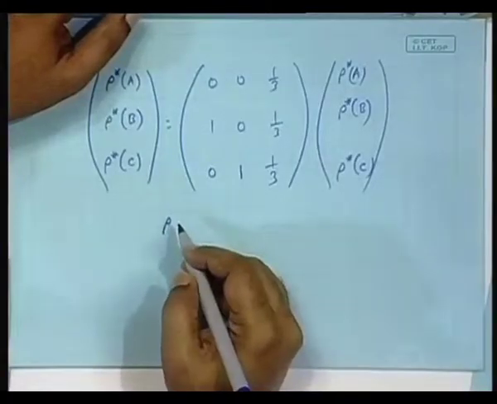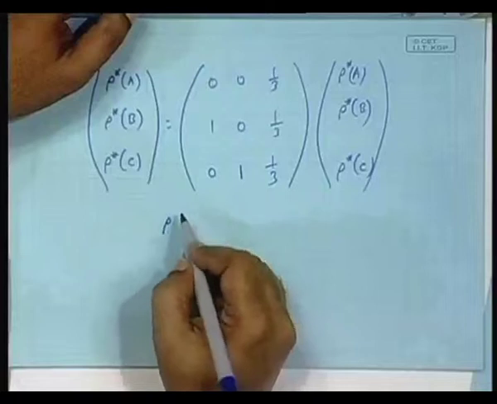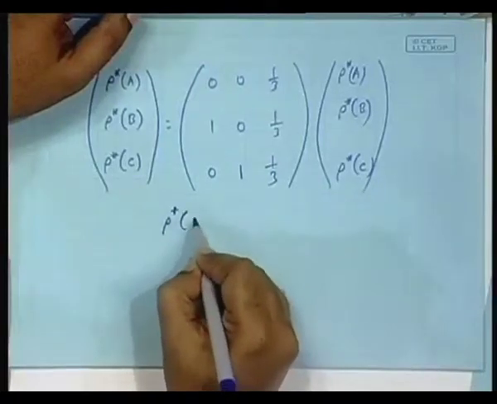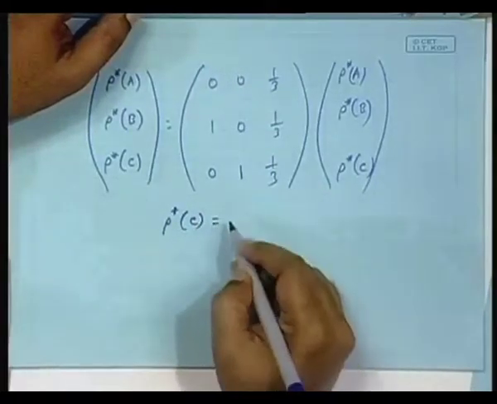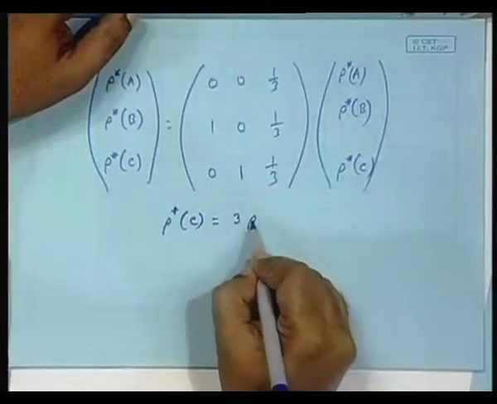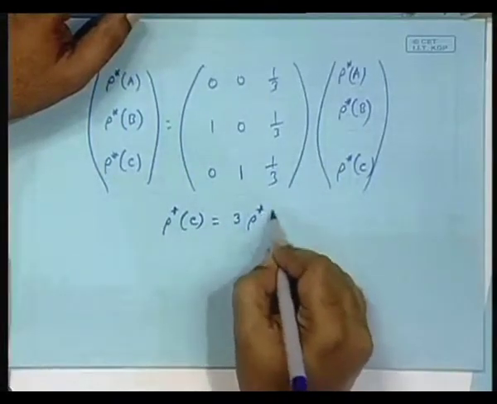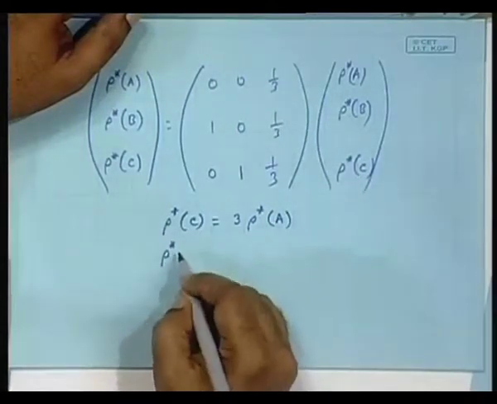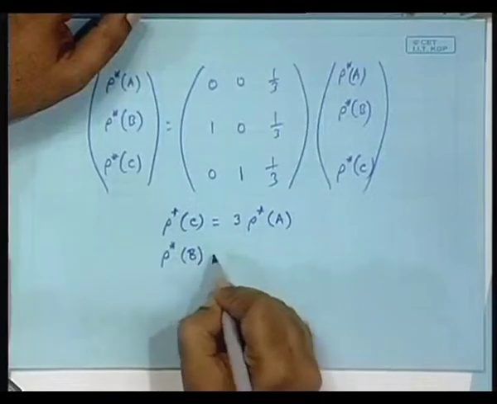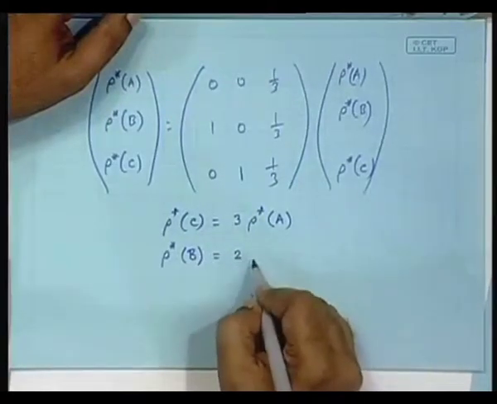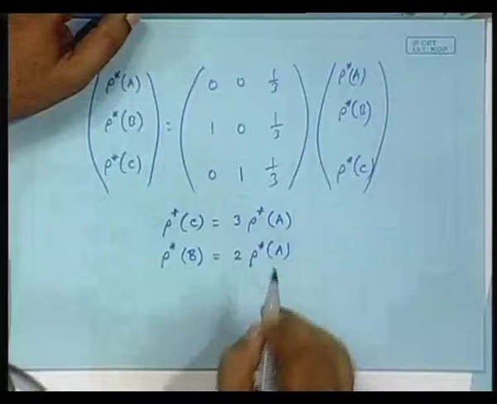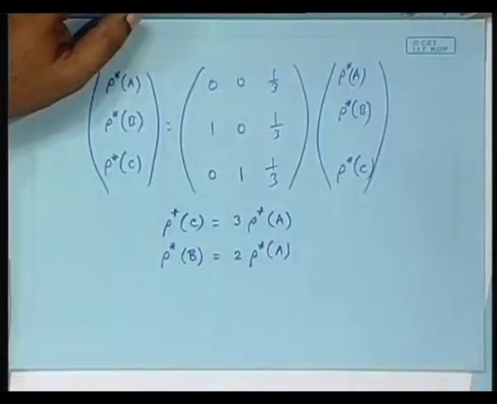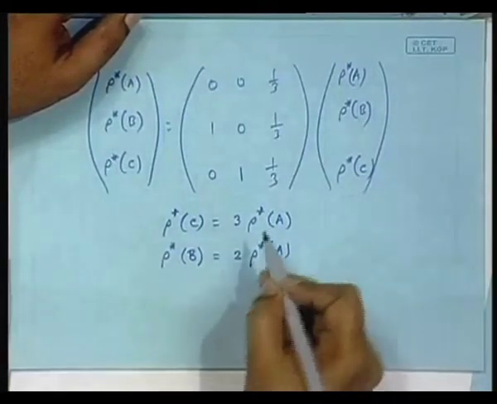So we can write down the equations as rho star C is thrice rho star of A, and rho star of B is equal to twice rho star of A, but that is where we end. What you did was you assumed this is 1 and then 2, 3.